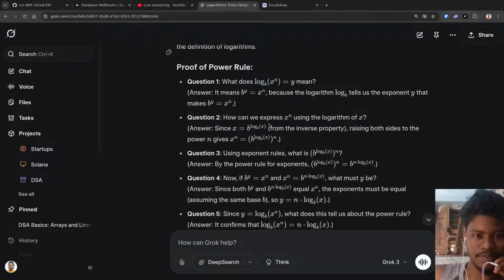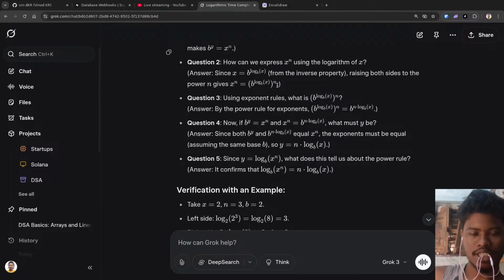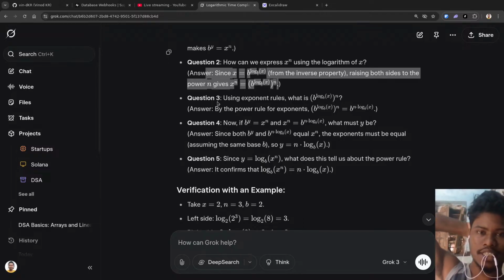Since p raised to the power log p of x, from the inverse property, raising both sides gives this. Question number 3: I do not understand this part.